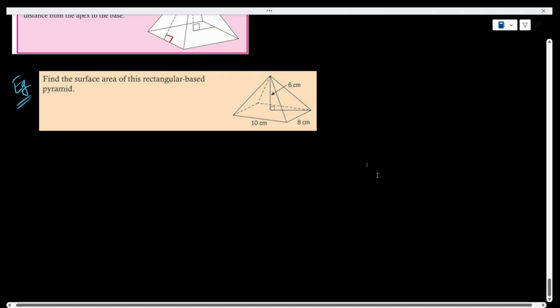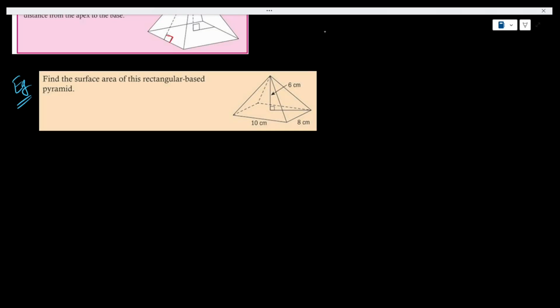How do we solve this question? It says find the surface area of this rectangular base pyramid. So first, what do we take here? The area of the triangles: there are two different triangles here, and the opposite triangle will have the same area.